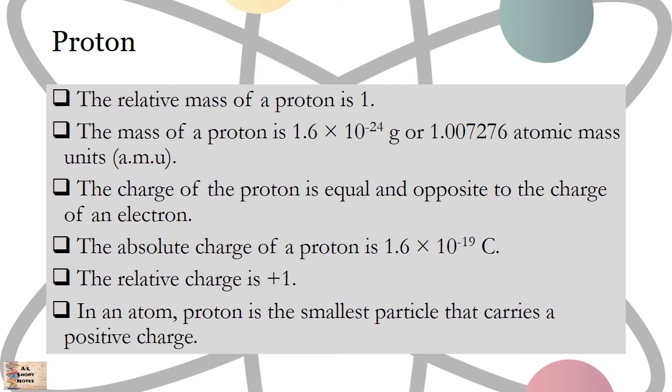The charge of the proton is equal and opposite to the charge of an electron. The absolute charge of a proton is 1.6 × 10^-19 coulombs. The relative charge is +1. In an atom, the proton is the smallest particle that carries a positive charge.